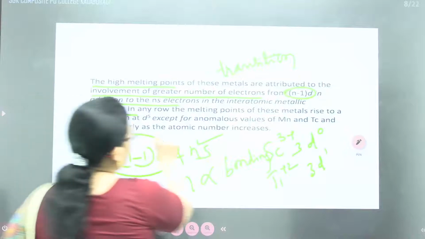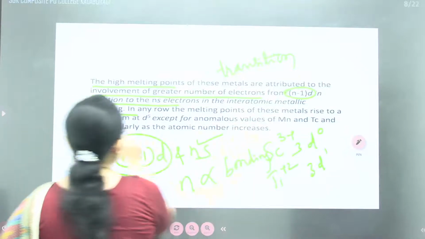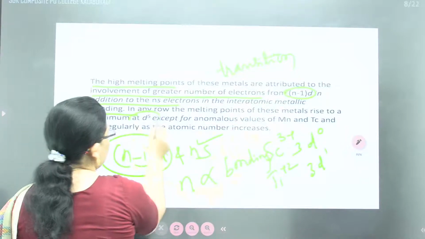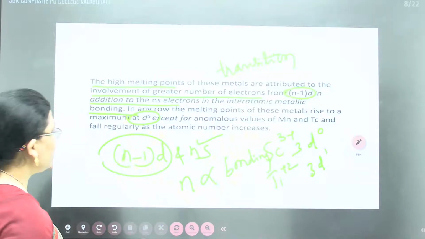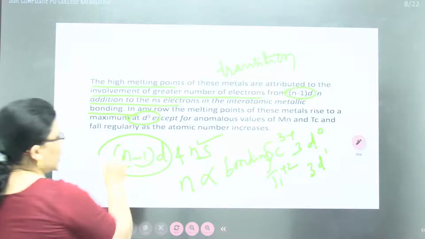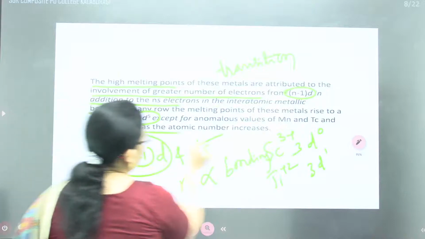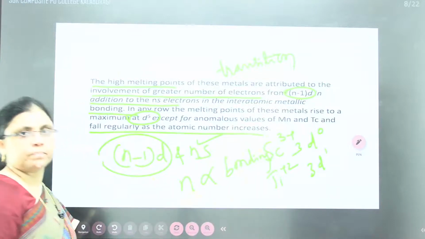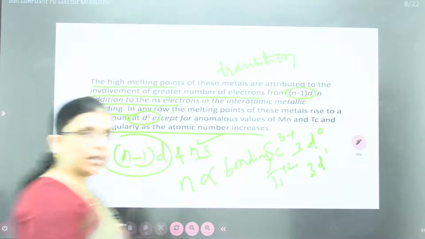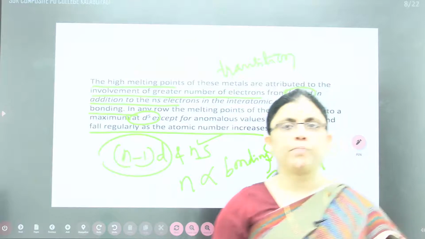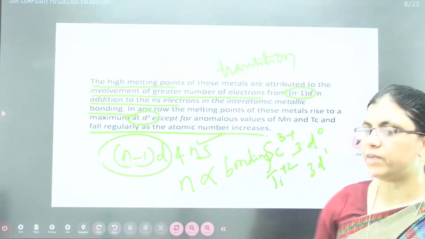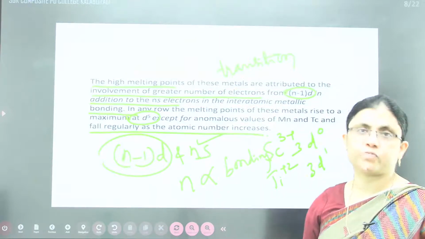In any row, the melting point of these metals rises to a maximum at d5, except for the anomalous values of manganese and technetium, and then they fall regularly as the atomic number increases. Yes, because yesterday while writing the electronic configuration, as I said, especially in chromium and copper, half-filled and completely filled d orbitals are more stable.